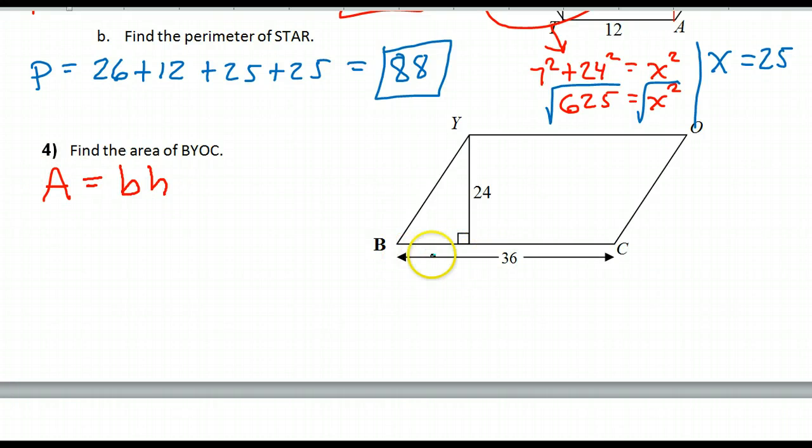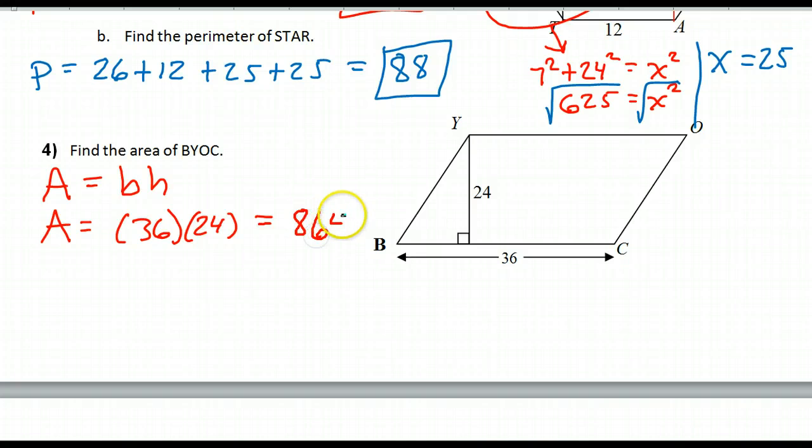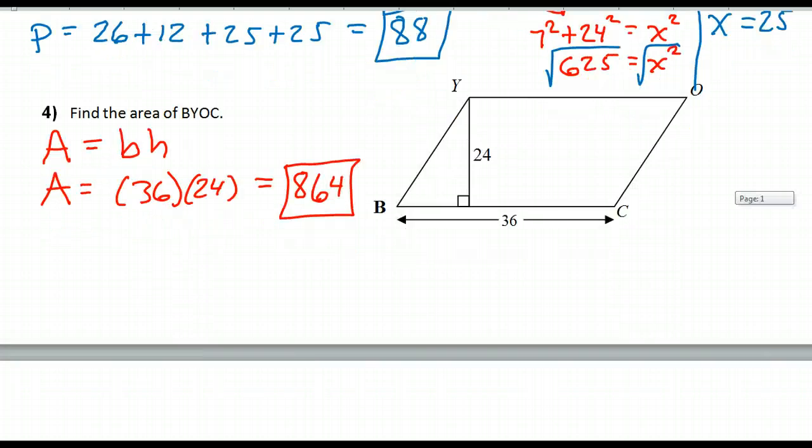In this case, the base is 36 and the height is 24. So the area is simply going to be 36 times 24. So that's 864. Alright, that's how you do that.